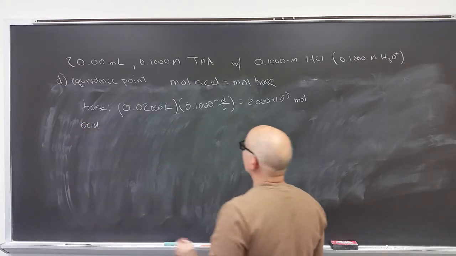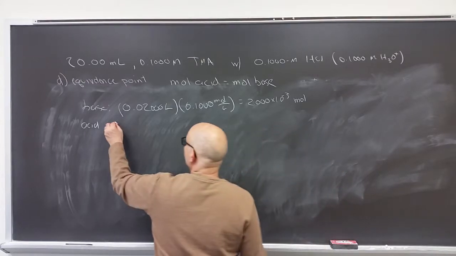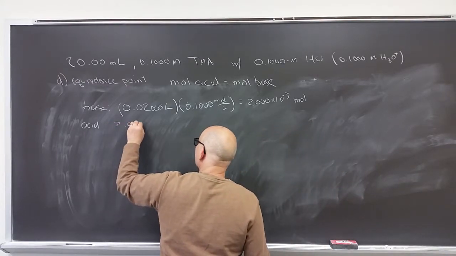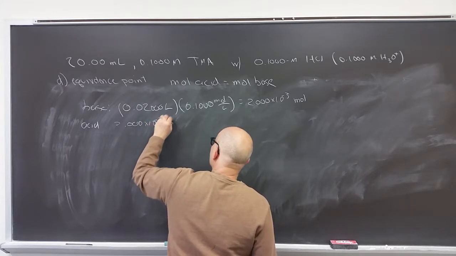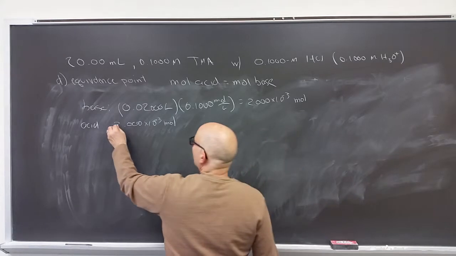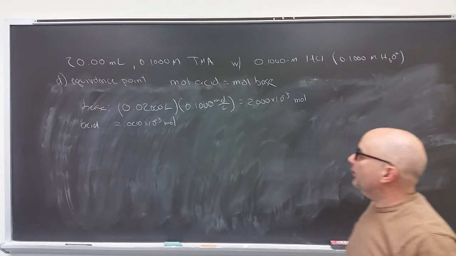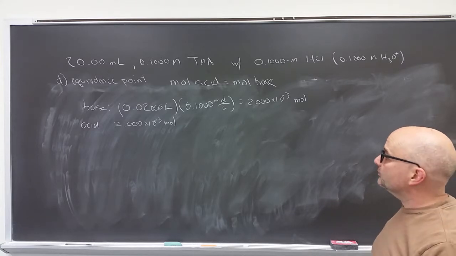All right, so that tells us how much acid we need: also 2 times 10 to the negative 3 moles of that. And now we need to figure out what volume of acid contains that.